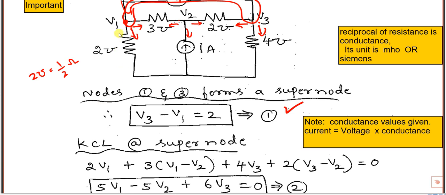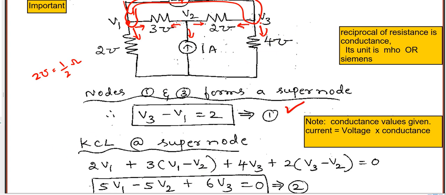You see it is in mho, and mho means 1 by 2 ohms. Similarly, 4 mho is 1 by 4 ohms.